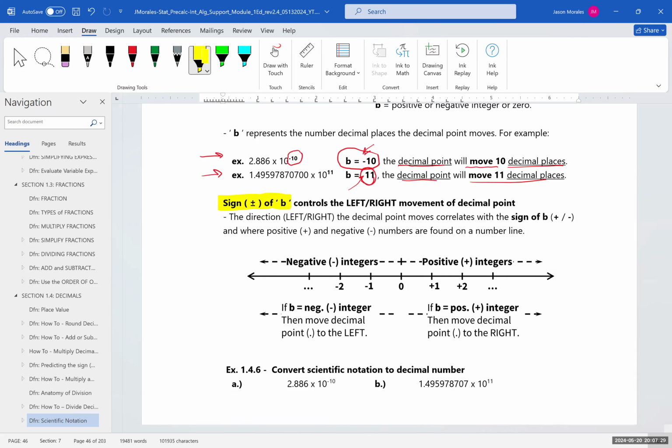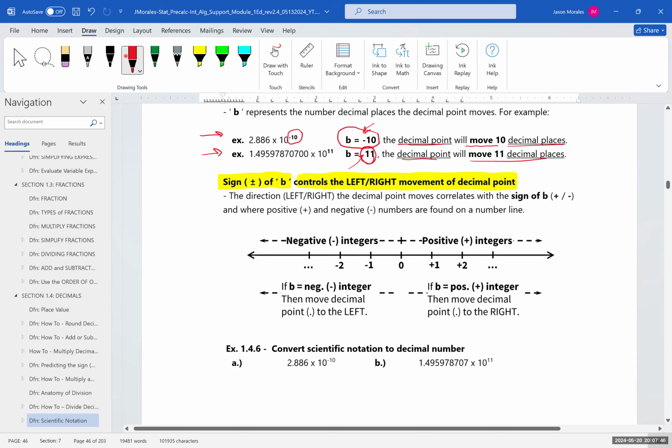So the sign of B controls whether you're going to move the decimal point to the left or to the right. So the direction the decimal point moves correlates with the sign of B, where positive and negative numbers are found on the number line. So here I've just got a real basic number line with 0 in the middle, and relative to 0, negative integers are to the left of 0 and positive integers are to the right.